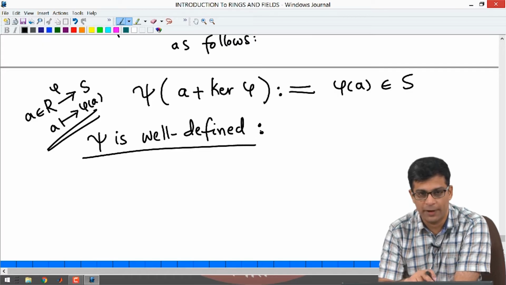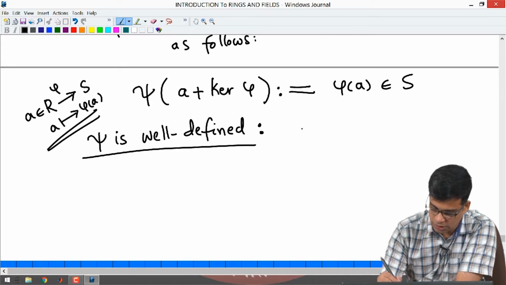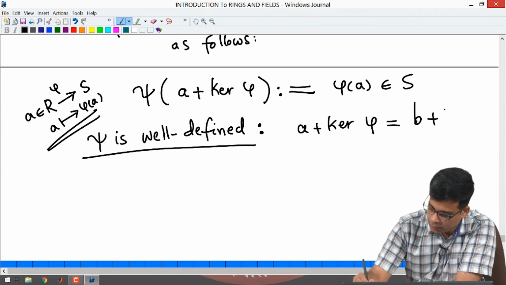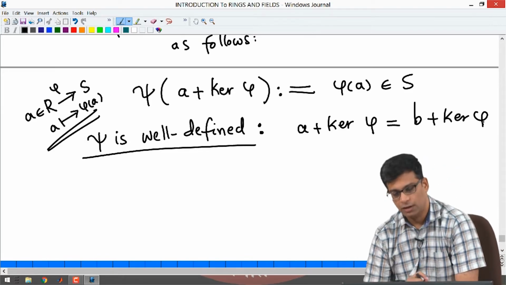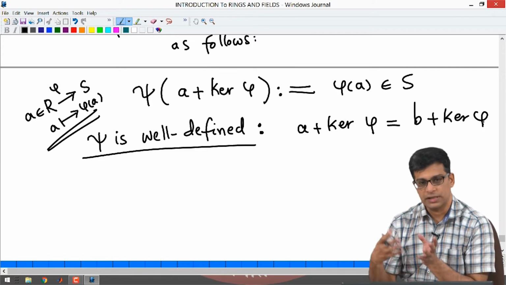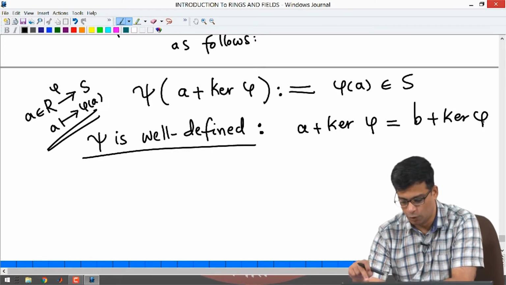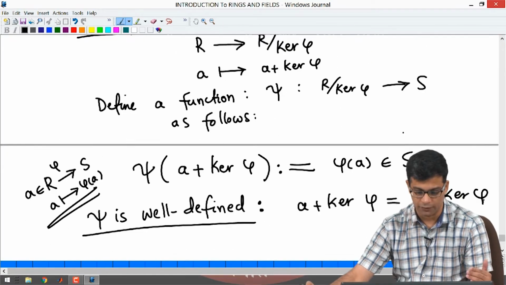Because it seems to depend on the representative for a coset in the quotient ring, because A plus kernel phi perhaps is equal to B plus kernel phi. Remember, a coset of the form A plus kernel phi often is also equal to some other element plus kernel phi. B and A could be different. So, A plus kernel phi could be same as B plus kernel phi as elements of R mod kernel phi.